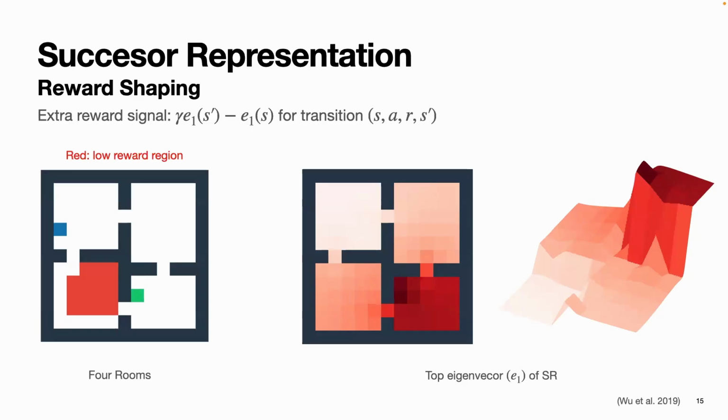No. So let me repeat the question. The question is, is this thing shown on the right the successor representation computed at the goal state? The answer is no. This is actually the top eigenvector of the successor representation. It is not the same thing.